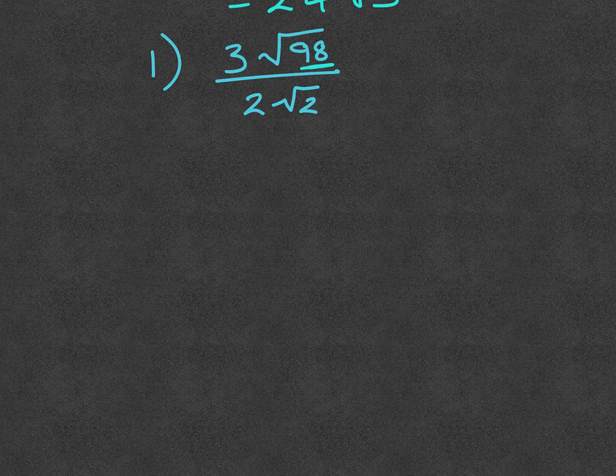Okay, so let's look at all the factors of 98. And you might need to use your calculator for some of these because it's not always all that self-explanatory. Okay, so we're going to have 1 and 98. We're going to have 2 and 49. If 49 goes into it, then we're going to have a factor of 7 as well.